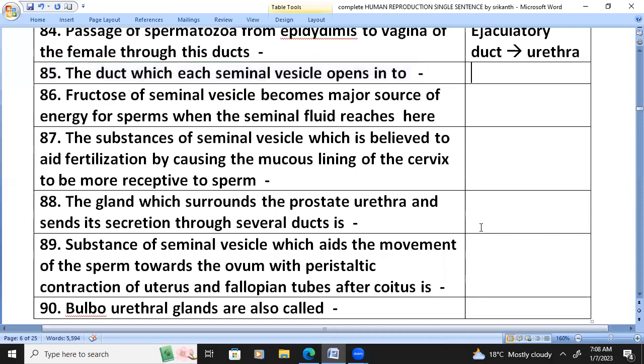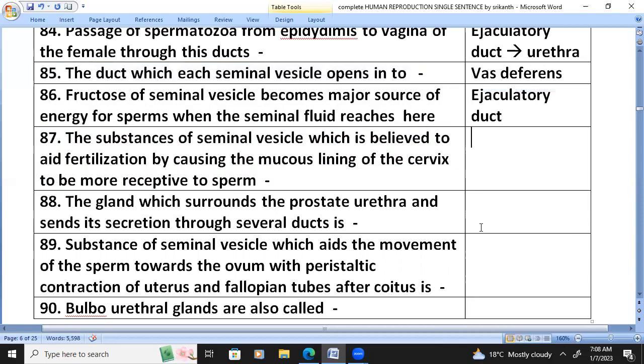The duct which each seminal vesicle opens into is vas deferens. Fructose of seminal vesicle becomes the major source of energy for sperms when the seminal fluid reaches the ejaculatory duct.